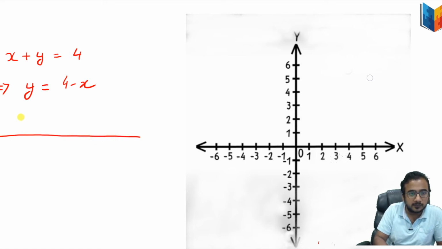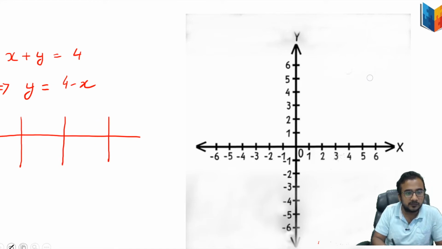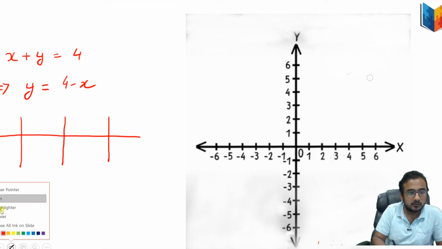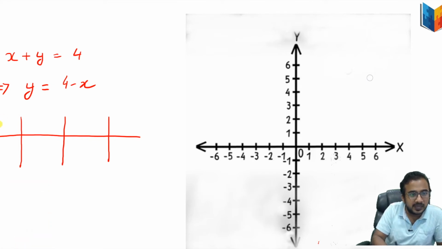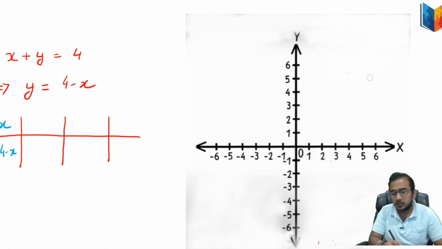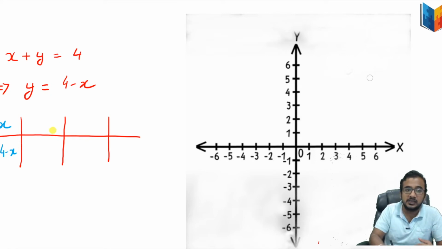draw a table. So we will have, suppose, three columns. Now let us take x and here y. So y is equal to 4 minus x, that we know. Now a basic example is that we will start with minus 1.